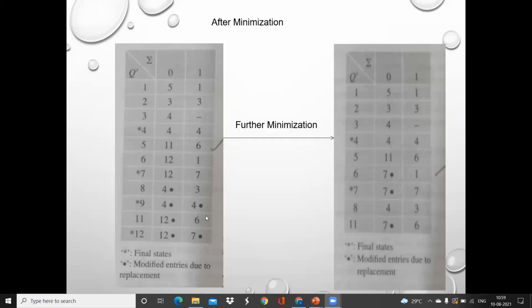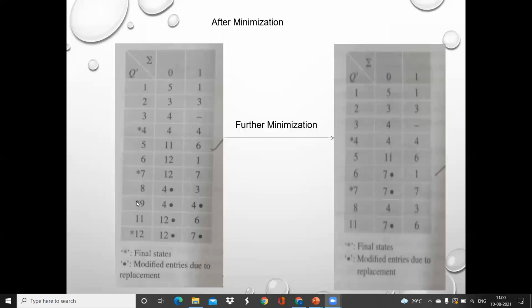Then we have one more pair, state number 9 and state number 4. These two states have the same transitions and their type is also the same, both are final.